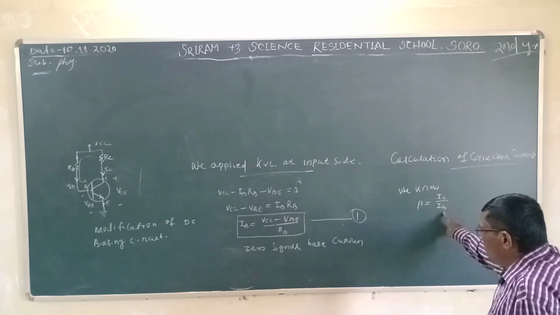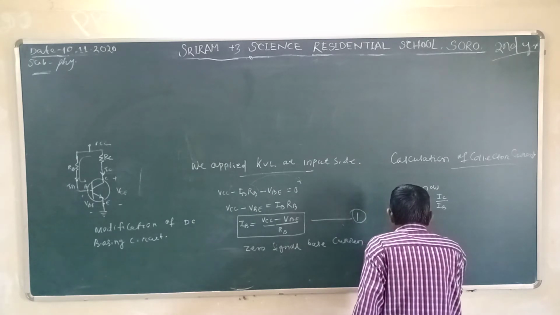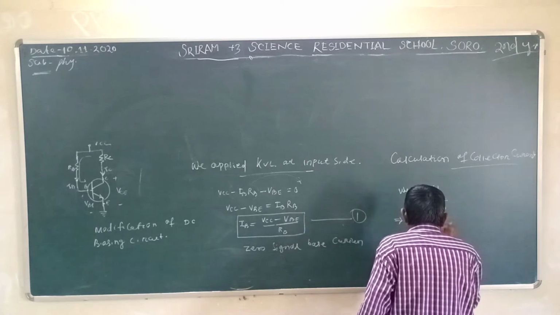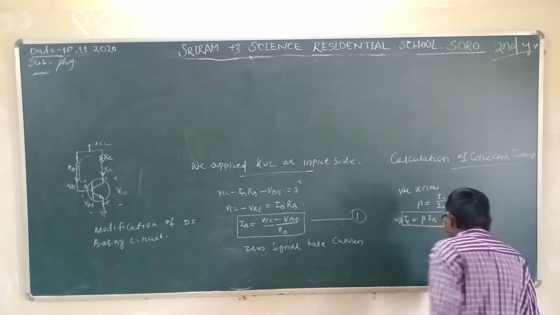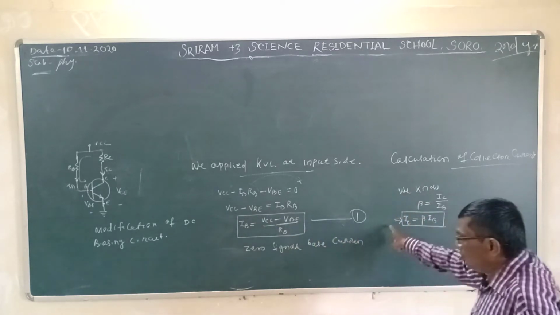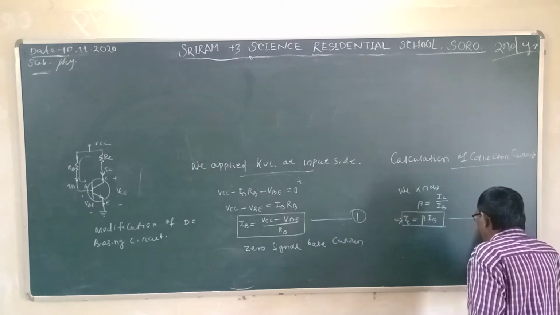Now IC equal to beta IB. So this is the collector current. Beta is known, IB is known, then we find out the IC, that is equation 2.